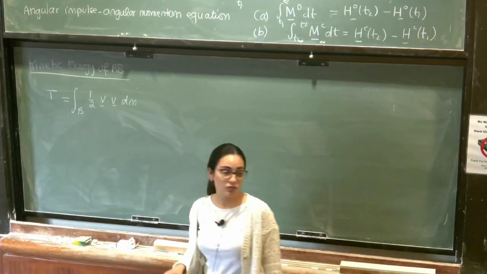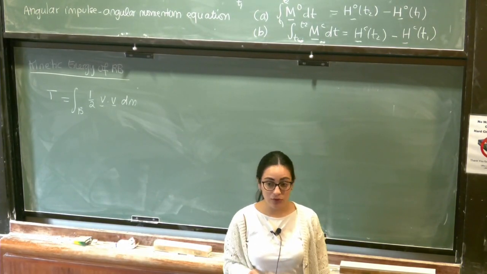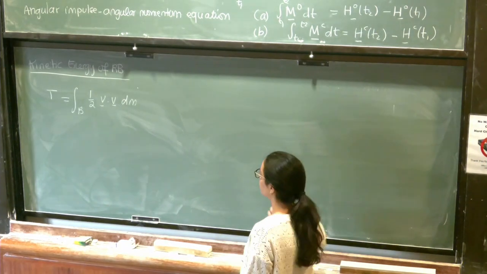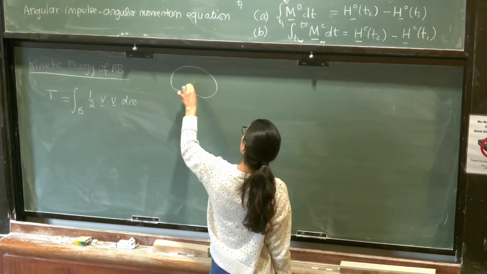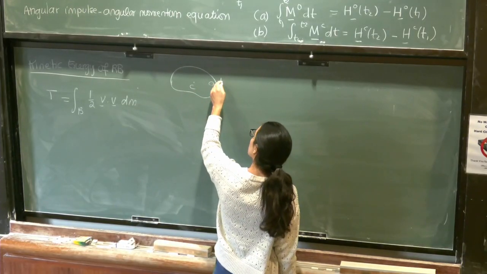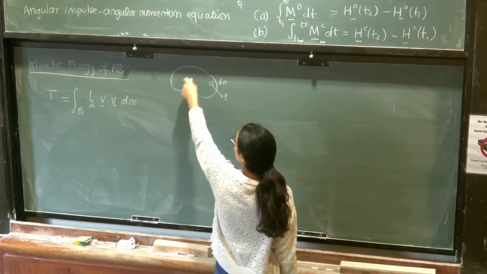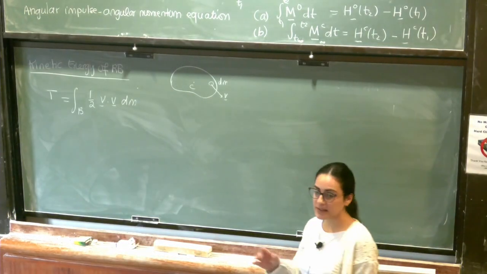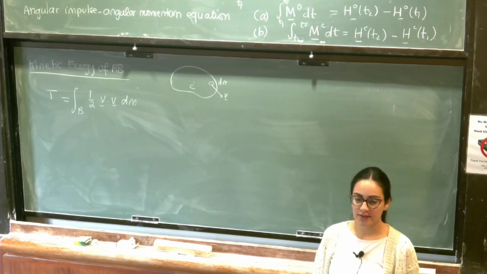How do I get there? Any ideas? I'm going to need to introduce vC. So here I have the rigid body, I have the center of mass, and some dm, which has velocity v. And I'm summing the kinetic energy of all the dm's to calculate the kinetic energy of the rigid body. What do I do next? Ideas, ideas, ideas.